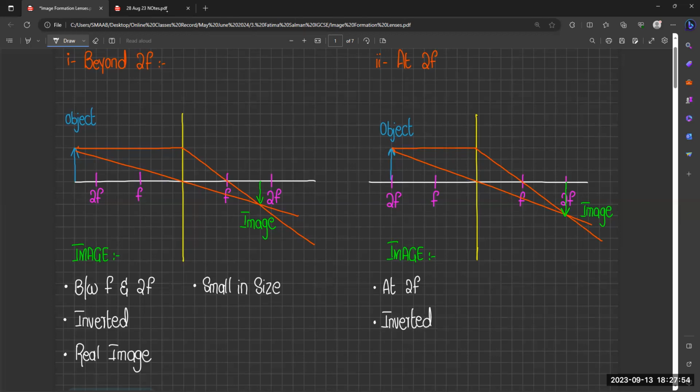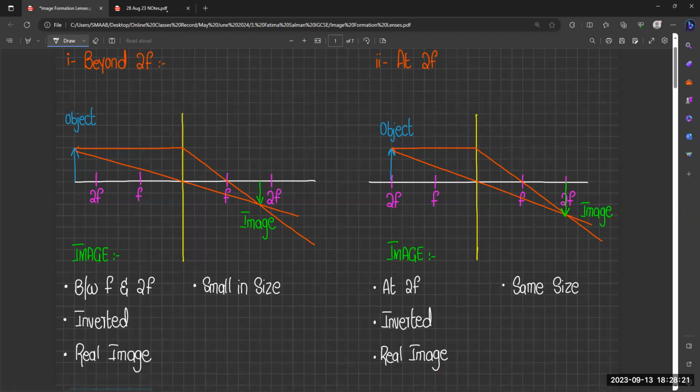Third point is the image is real. And the next point is same size. Okay, clear?